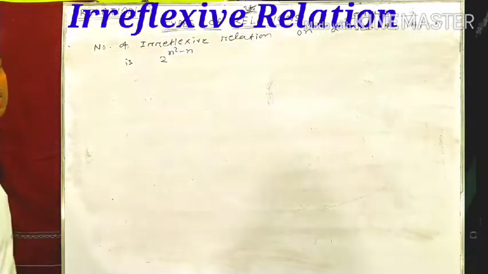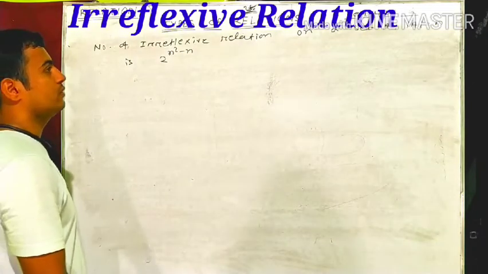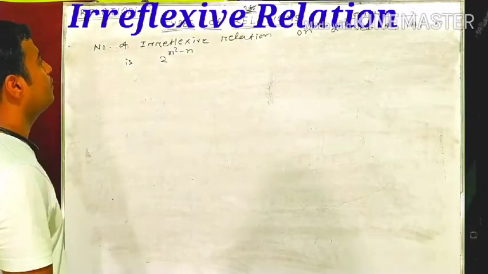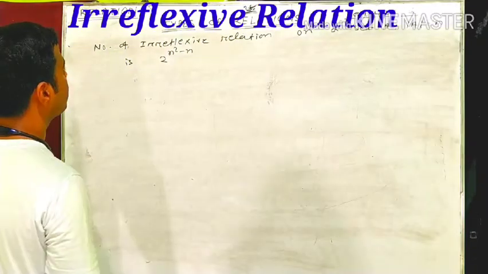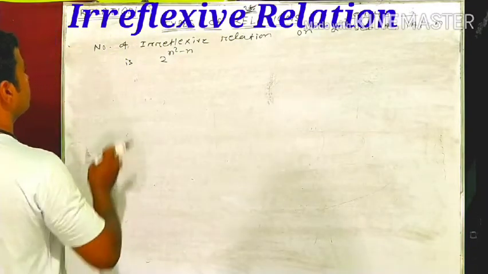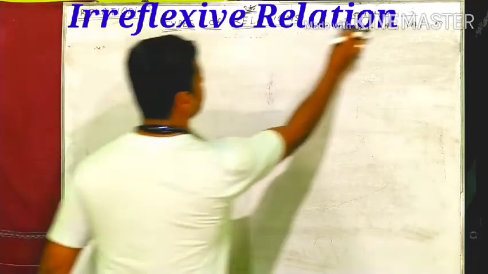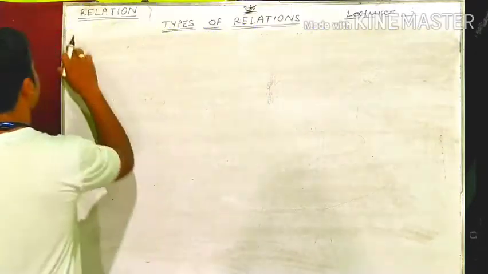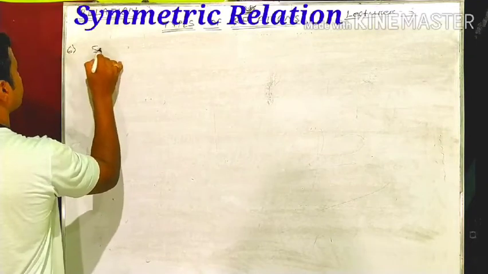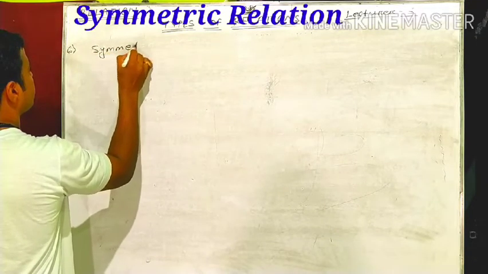The number of reflexive relations is equal to the number of irreflexive relations. The total number of irreflexive relations on a set A is 2 to the power n squared minus n. So now I discuss the next relation, which is symmetric relation.